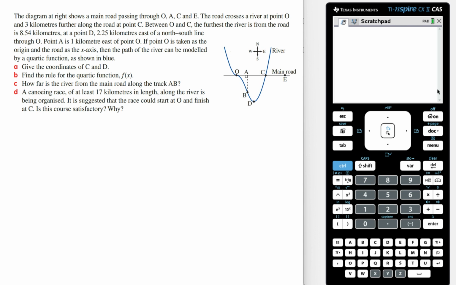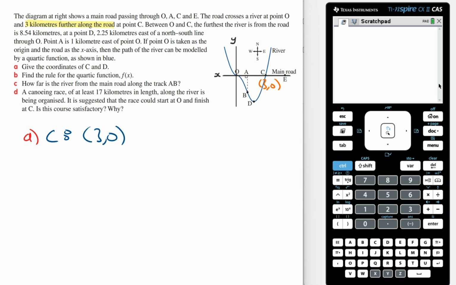If O is the origin and the road is the x-axis, then we can draw a vertical line and call this the y-axis. We're told that the point C is 3 kilometers further away from O. This means the coordinates of the point C are going to be (3, 0). And so for part A, the coordinate of C is (3, 0).